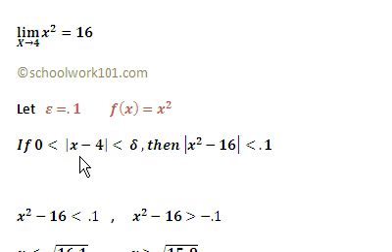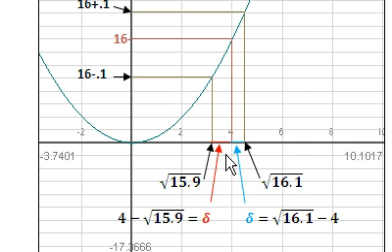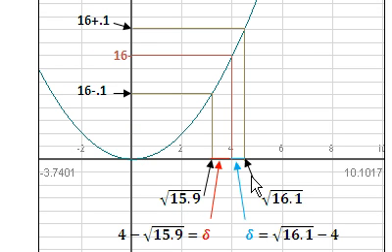What I'm going to do here is take a look at the graph first. So this right here is our c, and this is our L, which is 16. So this is 4 here on the x-axis, which I don't have in here, but I think you can barely see it here.